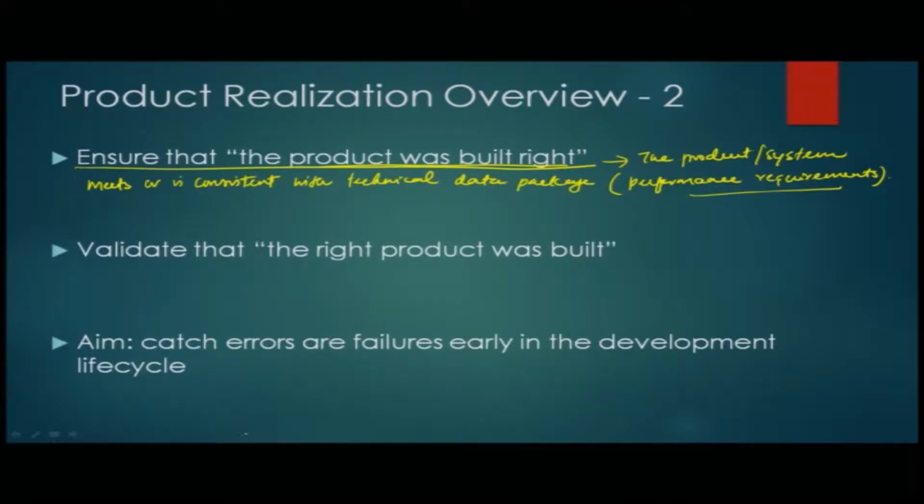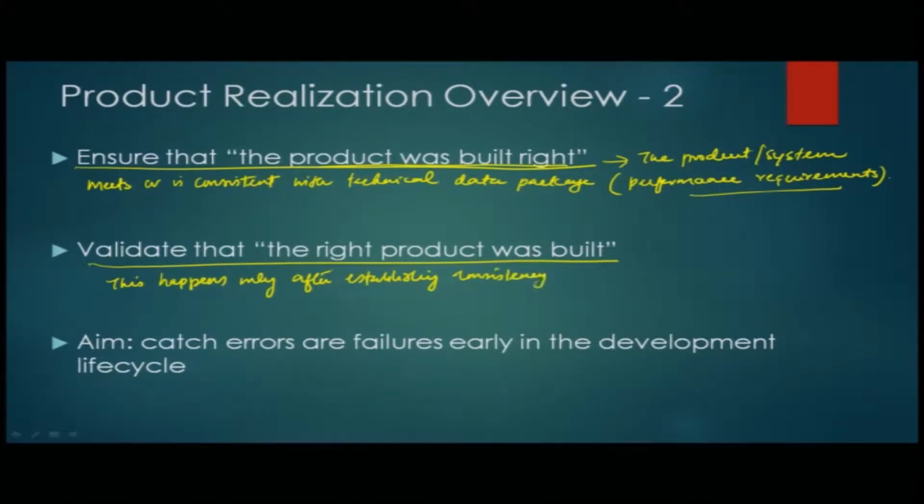Then the second part, as we said, is to validate that the right product was built. This happens only after establishing consistency. The first thing is you have to ensure that the performance requirements are met. Once you establish that, then you validate against stakeholder, or another way to say stakeholder is customer, expectations.